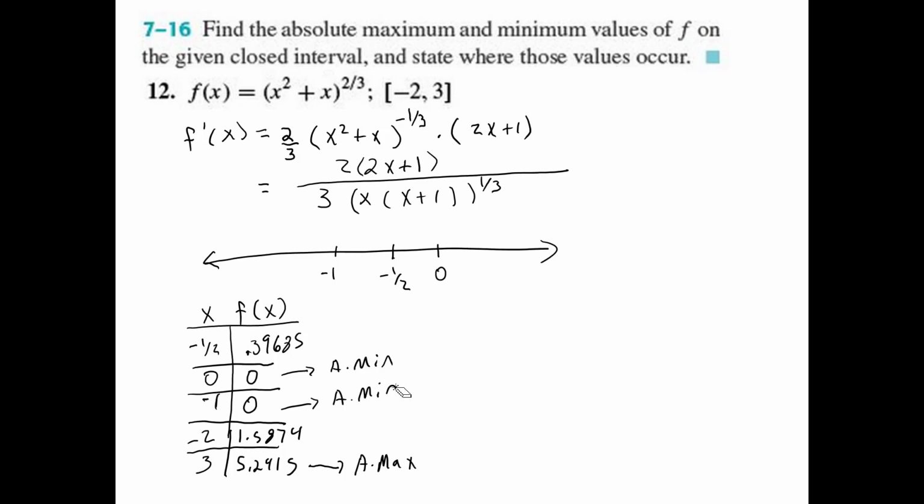We weren't interested in that. And what my graph looks like is it comes down. We have a cusp right there. Goes up. And then it takes off like this. And so then there are our minima right here and here. And we have our absolute max over here at the endpoint. Sorry, not relative. This is absolute minima. Okay.